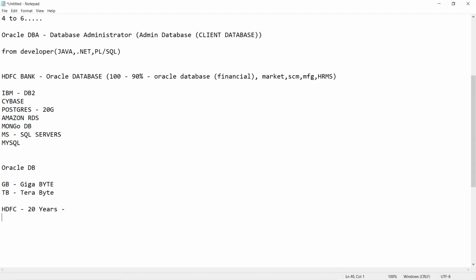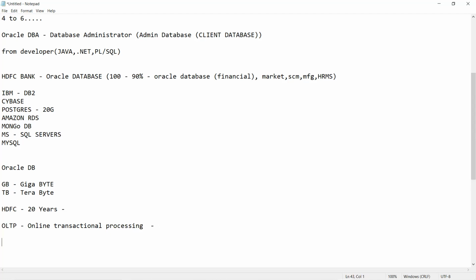there are two types: OLTP, online transactional processing. Generally, when you go to the bank and ask for your mini statement, or go to an ATM to withdraw money or take a mini statement, all of that comes from the Oracle database only.